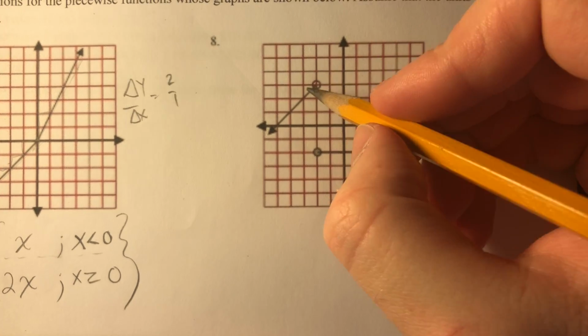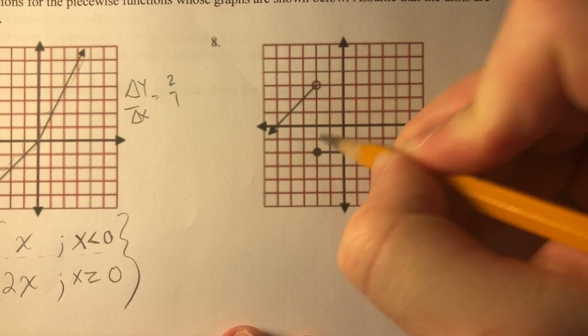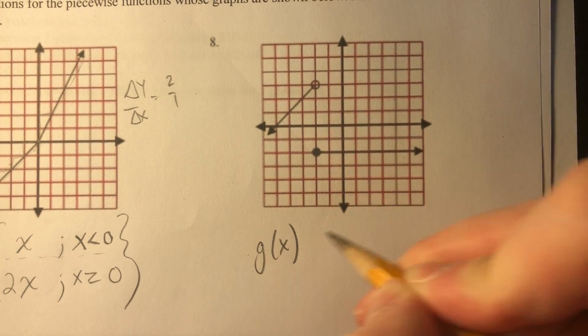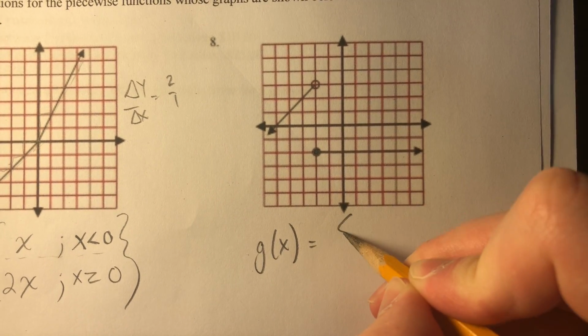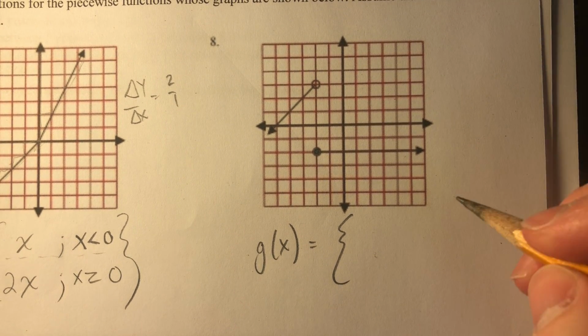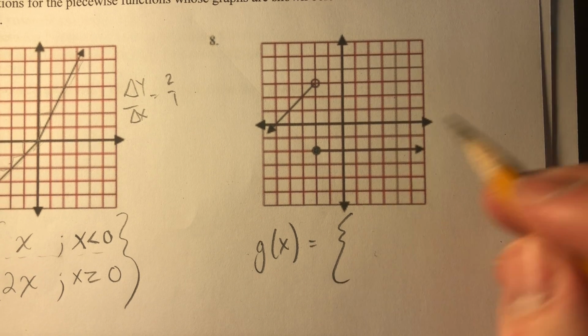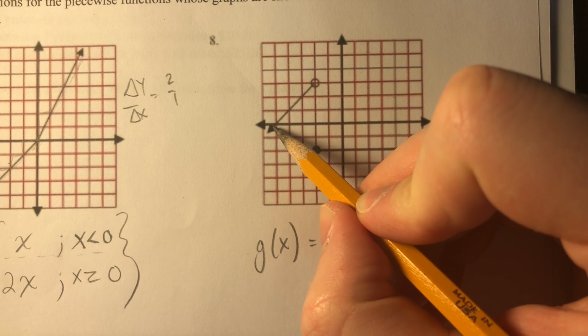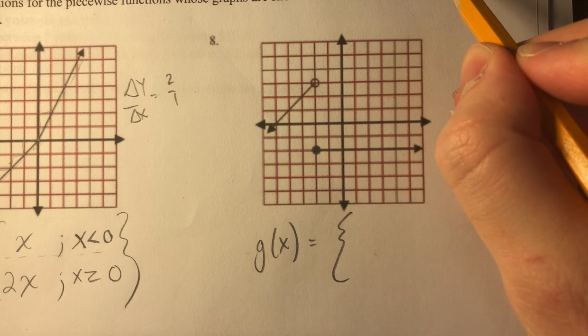Good. So this next graph is hard to see, but this is shaded in here. So I'm going to do the same thing. I'm going to call this g of x. It doesn't really matter. I could call it whatever I want. Okay. So instead of doing our domains first, let's write the functions first. Here, this is going to be a little tricky because I can't see the y-intercept.